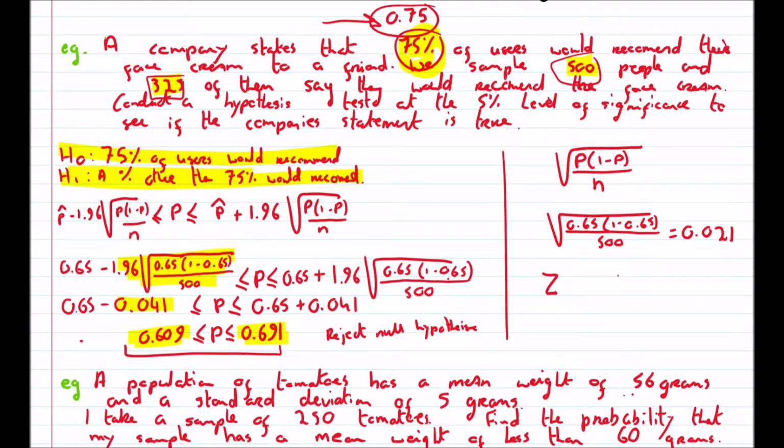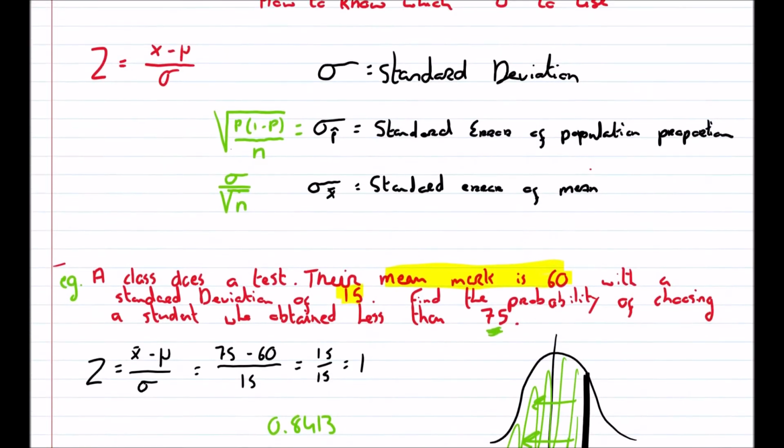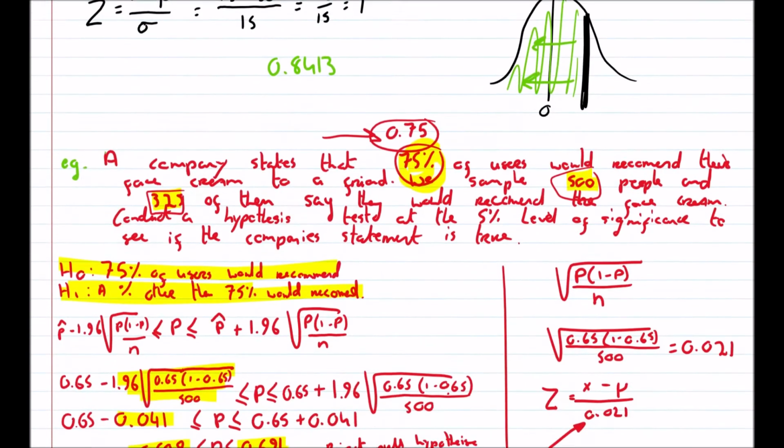I would put that into a z-score then. So z equals all over 0.021, because remember, this here is a standard error question, so this we have to calculate, which we've just done, and we put it in for our standard deviation.